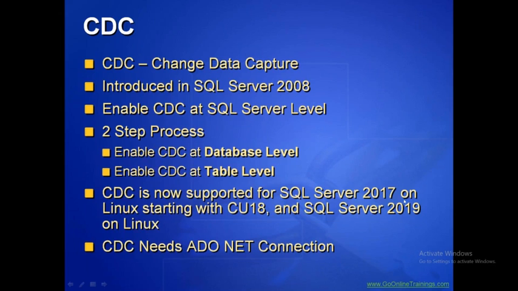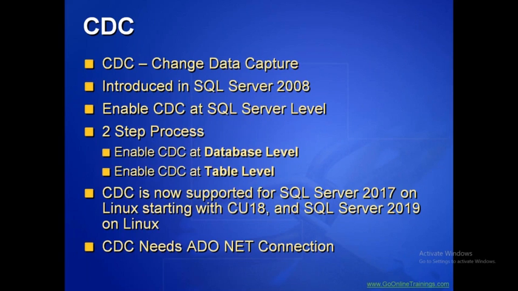SQL Server 2019 on Linux, because we knew SQL Server can be installed not only on Windows but also on Linux operating systems, right? What are the Windows operating systems? Windows 7, Windows 8, Windows 9, Windows 10, Windows XP. All these are flavors of Windows, right?